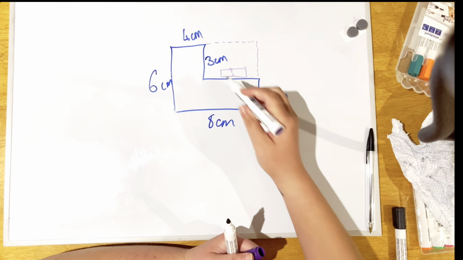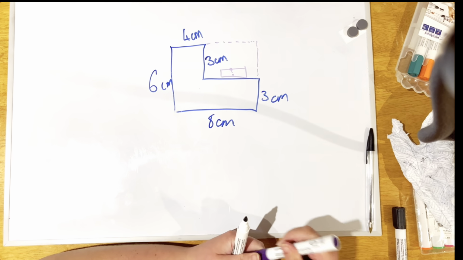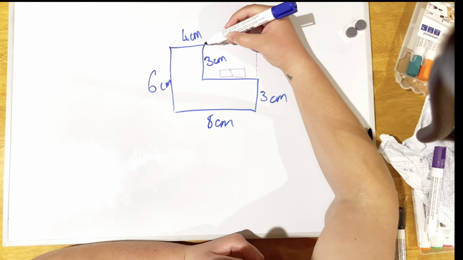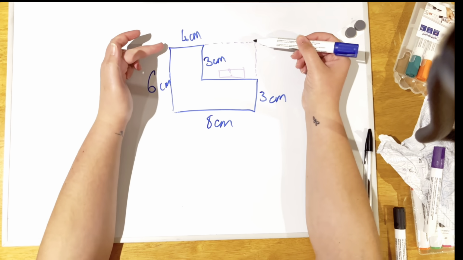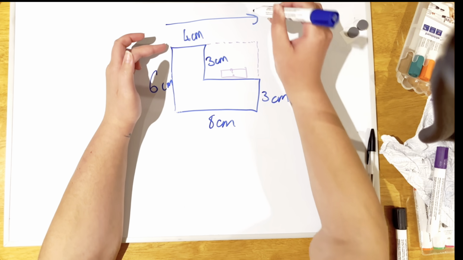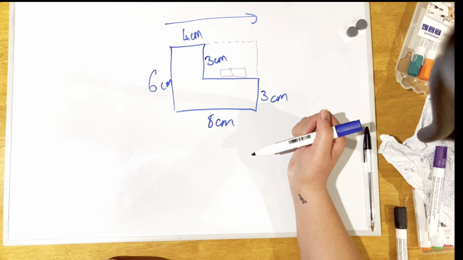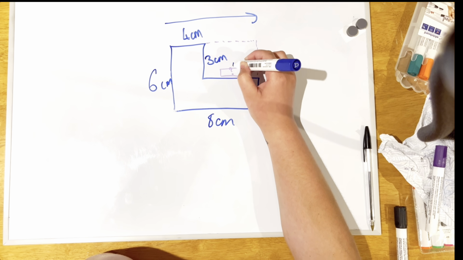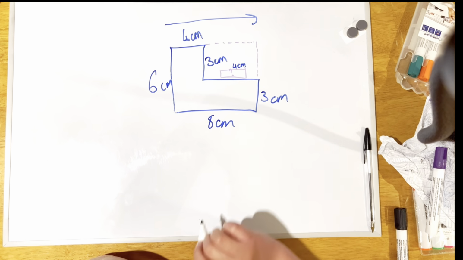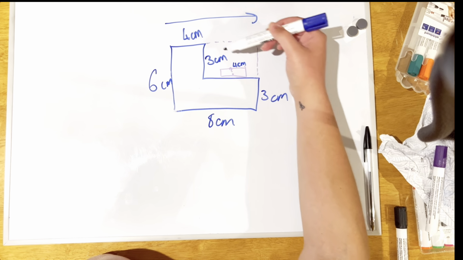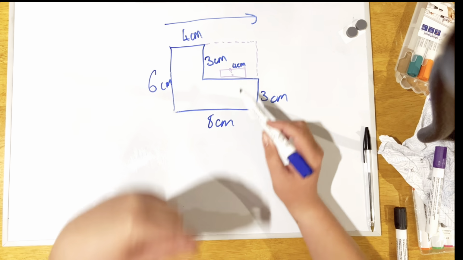So we would know that each side is the same. So if this bit's 4, and I know that in total this whole length is 8 centimetres, what must this section be? 4 centimetres.